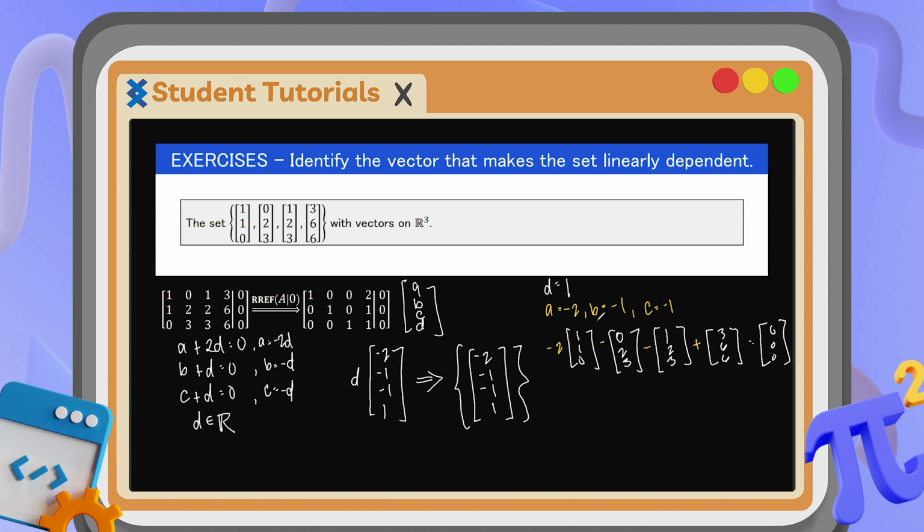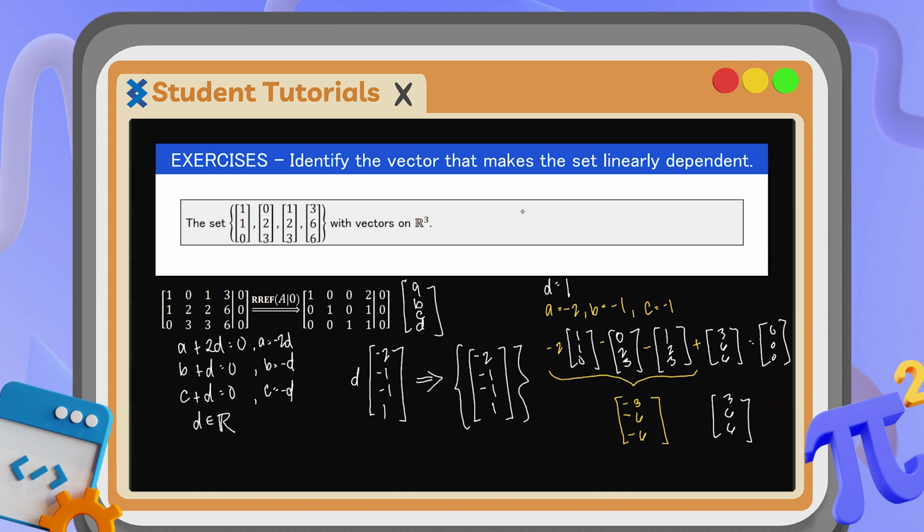If you look at the linear combination, you can see that this entire vector produces the result -3, -3, -6, and -6, while this other vector is 3, 6, 6.